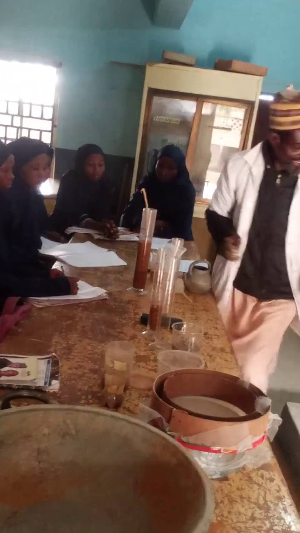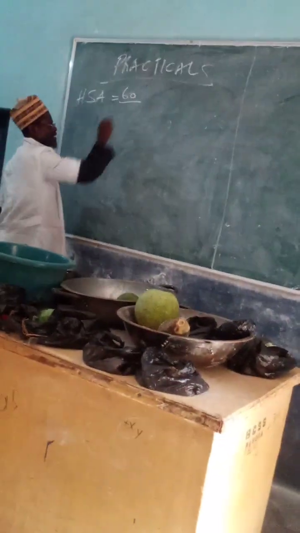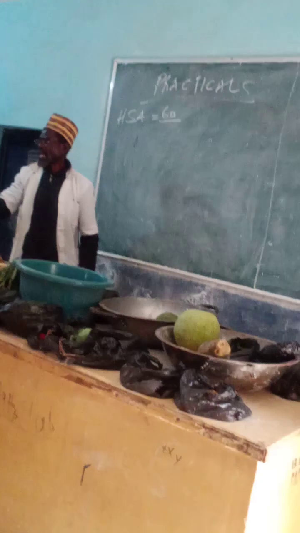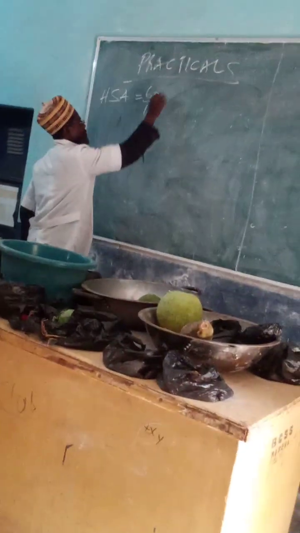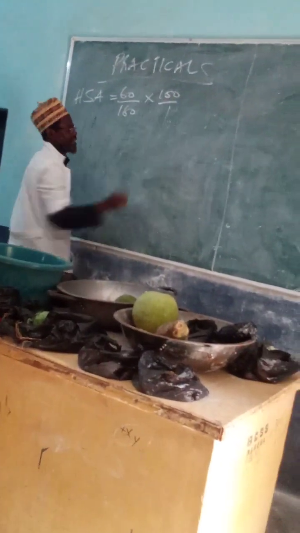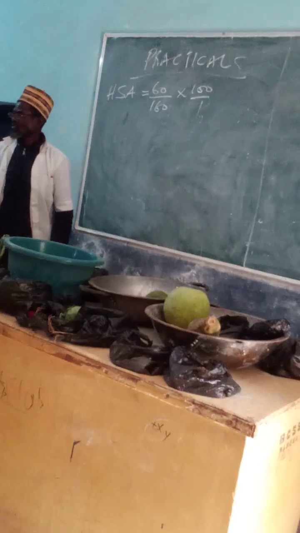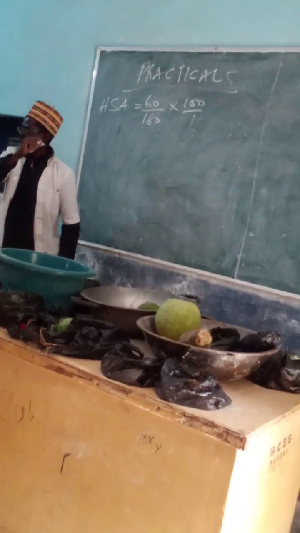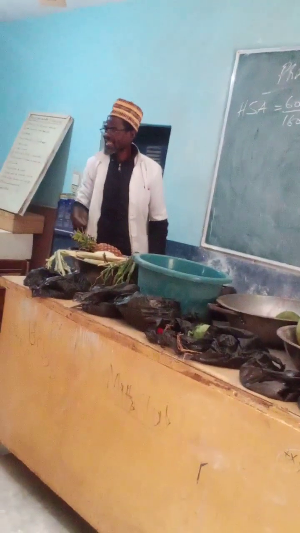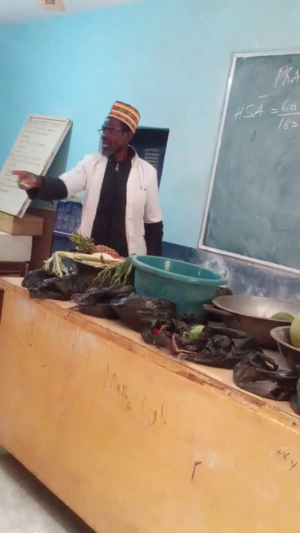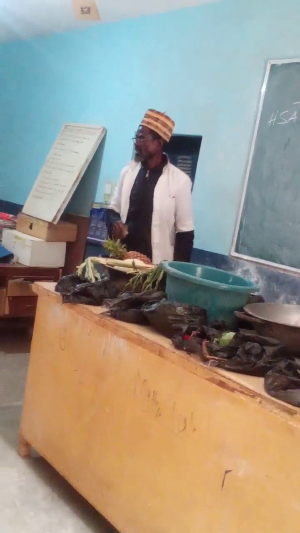So that is 60 divided by the total height of the particles, which is 160, multiplied by 100 over 1, to determine the proportion of sand in the soil particles.